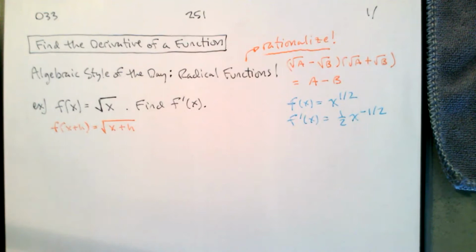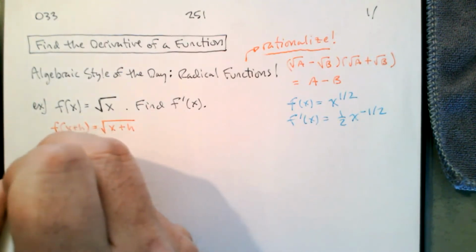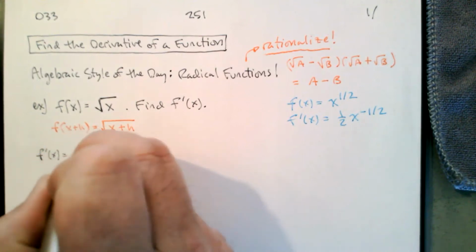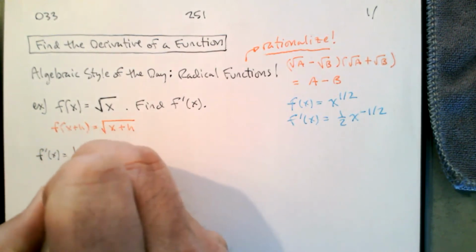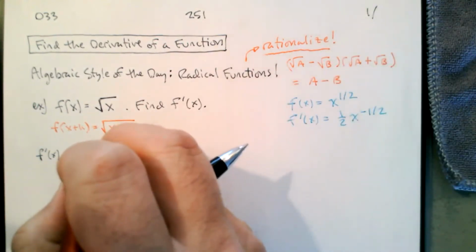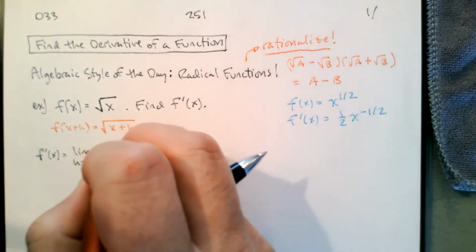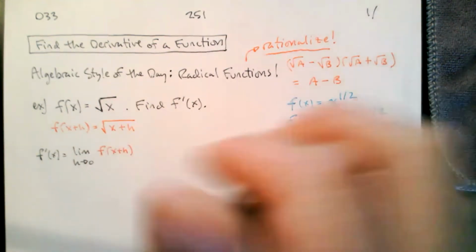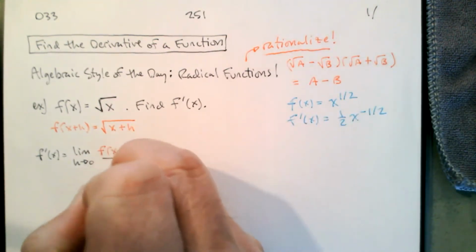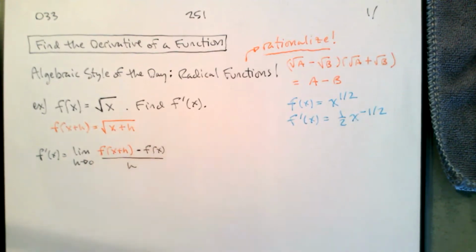Now let's plug these parts into the definition of the derivative, and we'll see that f prime of x is the limit as h goes to 0 of f of x plus h minus f of x all over h.